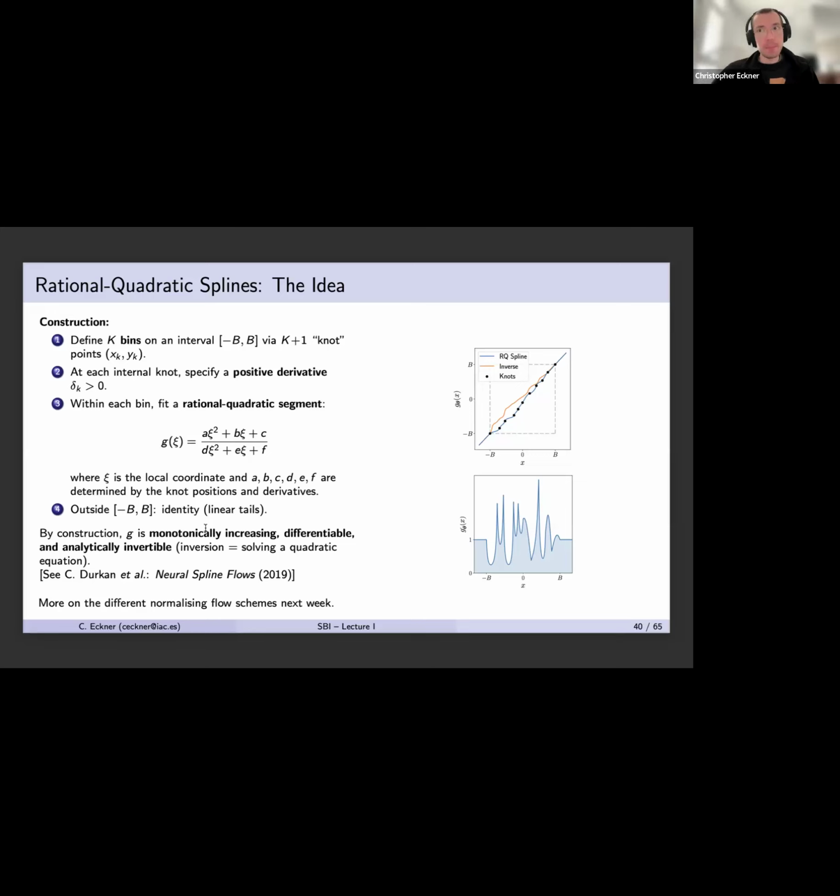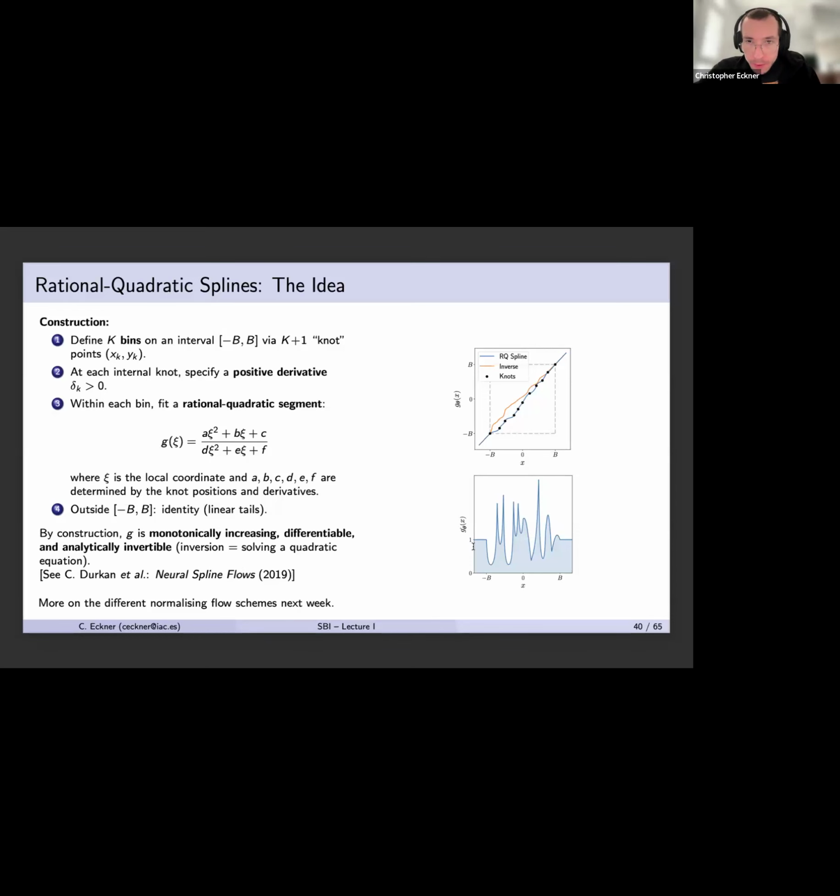So you have some boundary condition at each of these knots in order to guarantee that this rational quadratic spline is actually monotonically increasing and gives you a well-defined derivative at all of these knots. So these are kind of conditions that have to be satisfied in the construction. Right, from this you can of course get the inverse. There's an analytic formula for this. If you look into this particular paper, there it's computed in the appendix. So this can be done.